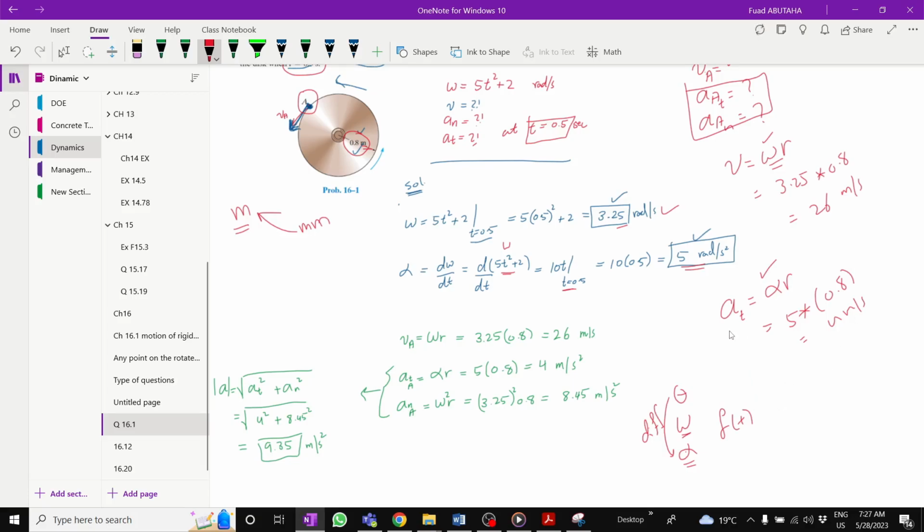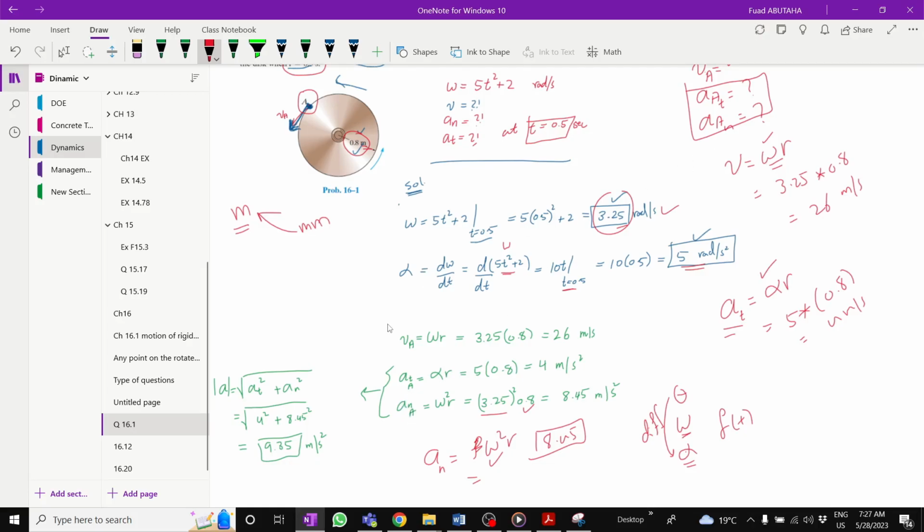The second type of acceleration is the normal acceleration, which is omega squared times r. Omega is already calculated, 3.25, and we already have the radius, so it is easy to get the normal acceleration.